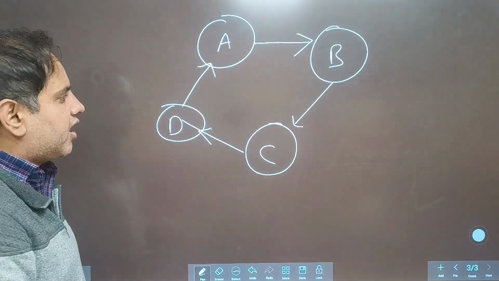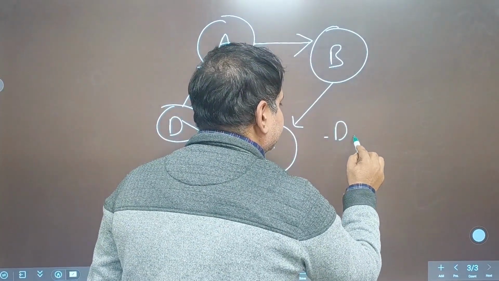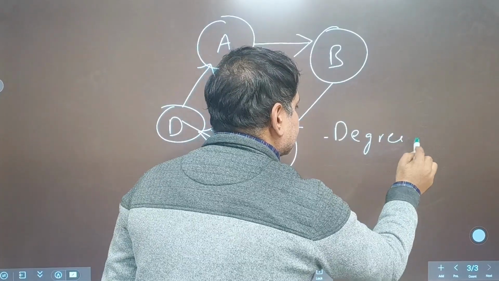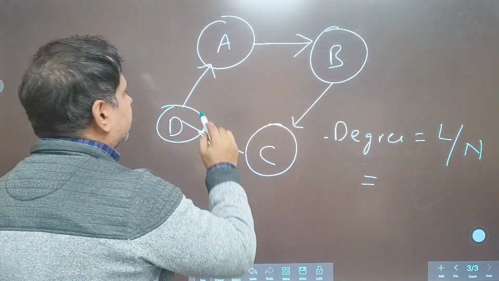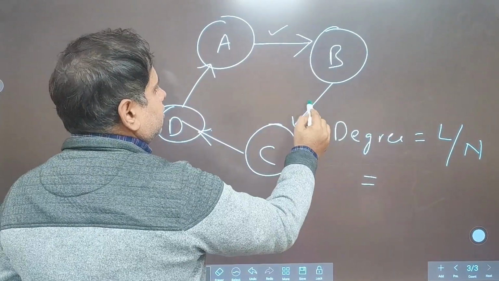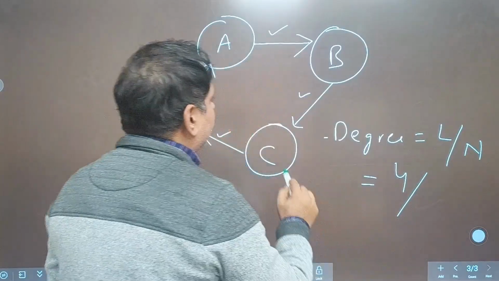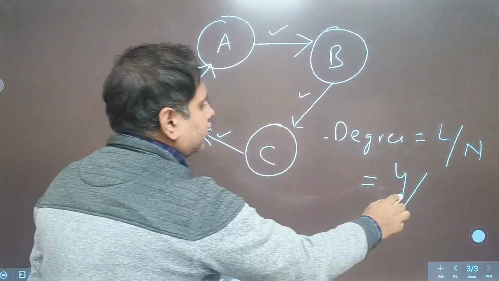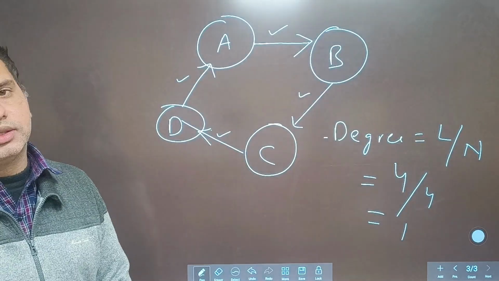So for a directed graph, how do we calculate the degree? How many edges are there? 1, 2, 3, 4. 4 edges. How many nodes are there? 1, 2, 3, 4. So the degree of the network is 1 in this case, right?